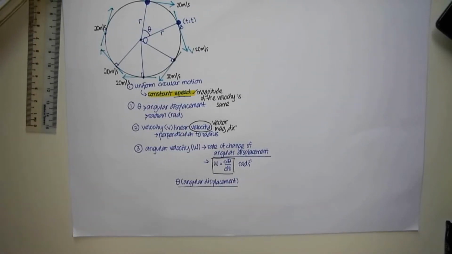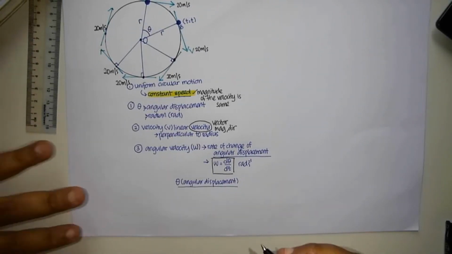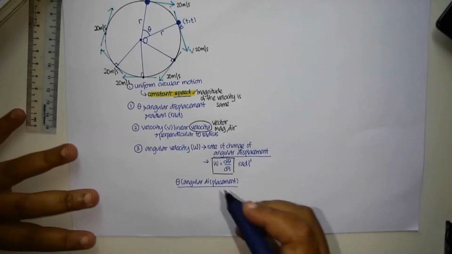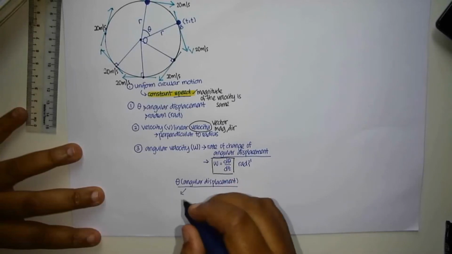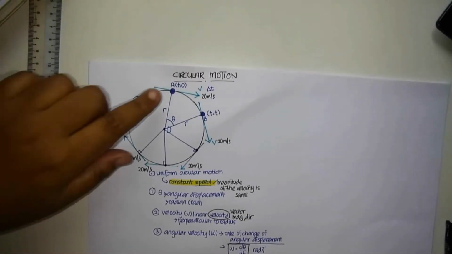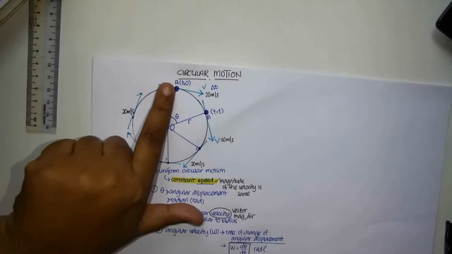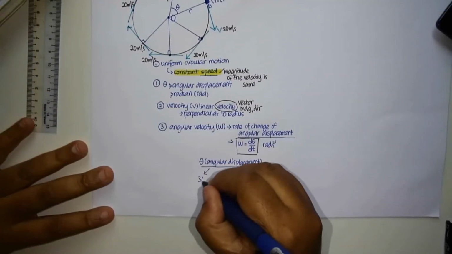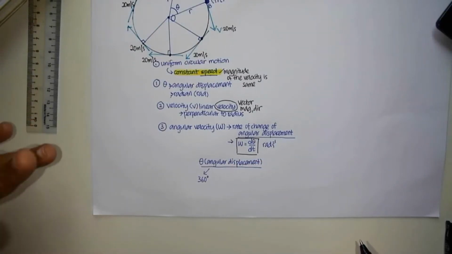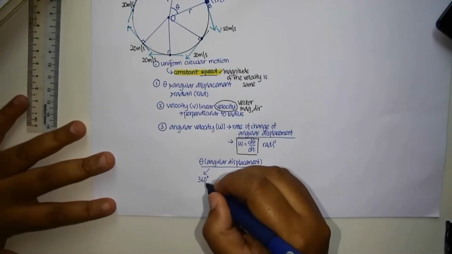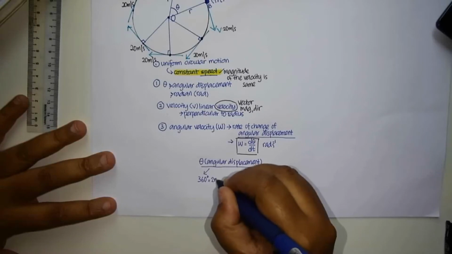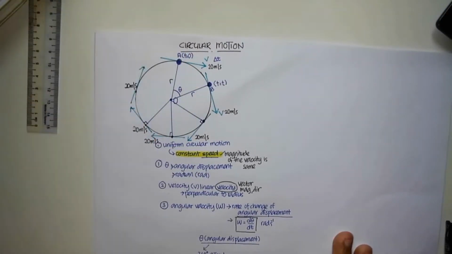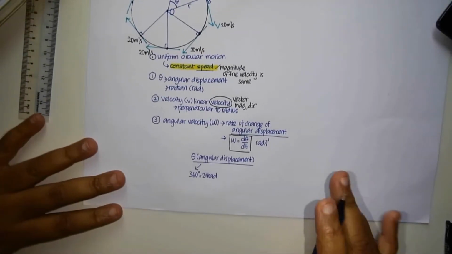Theta can also be expressed in degrees, like 180 degrees, 360 degrees. One complete oscillation, if it starts here, means 360 degrees. 360 degrees is equal to 2 pi radian for one complete oscillation.